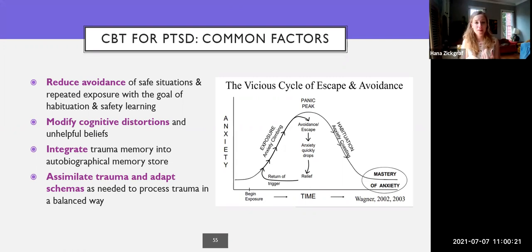The goal of both is to integrate the trauma memory into your autobiographical memory store and basically fit it into your narrative life story and your understanding of the world and yourself. And they both work to assimilate trauma into your existing schemas and modify schemas that might be overly rigid to help incorporate the trauma without overdoing it and using the trauma to explain absolutely everything.